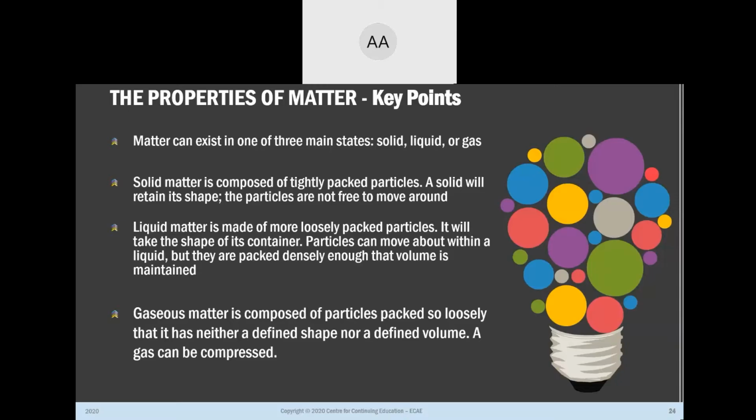You can find the booklet in the resource pack, and its title is The Properties of Matter. And what I would like you to do is go through the document and think about how you would take the key information from this document.